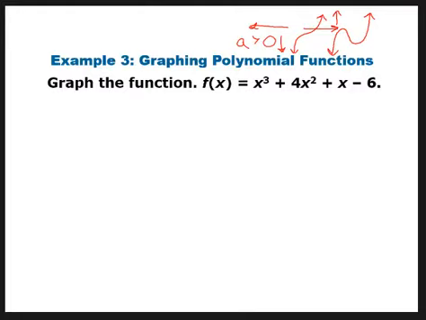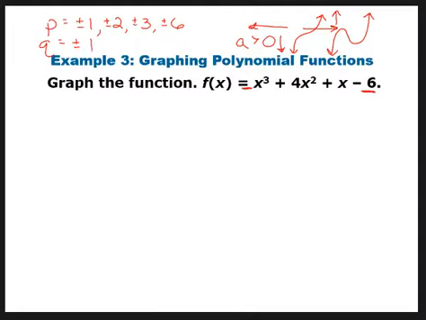Now I have to use the rational root theorem here. I want to think about what are my factors of p, which would be this number back here, which also serves as our y-intercept. And what are my factors of q, which would be my leading coefficient right here. Factors of 6 would be 1, 2, 3, and 6, and my factors of q would be 1.